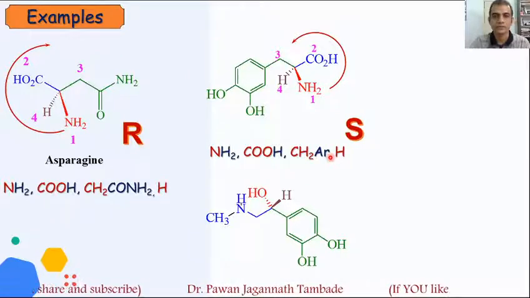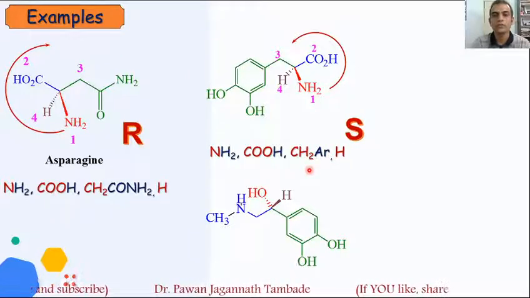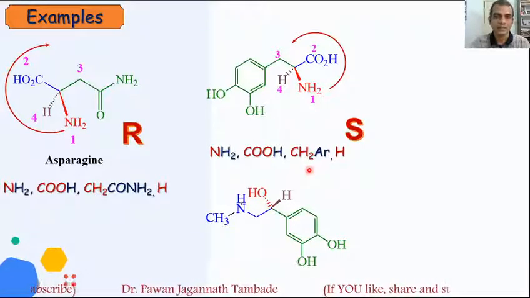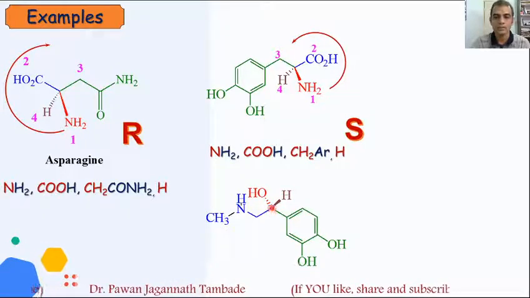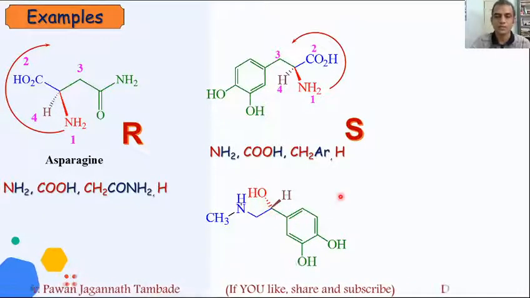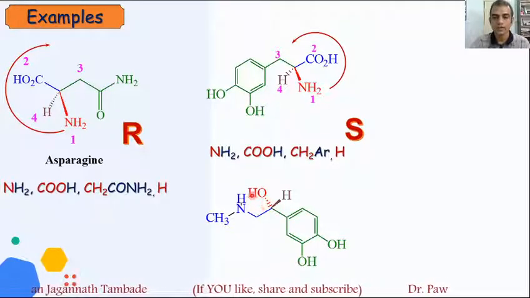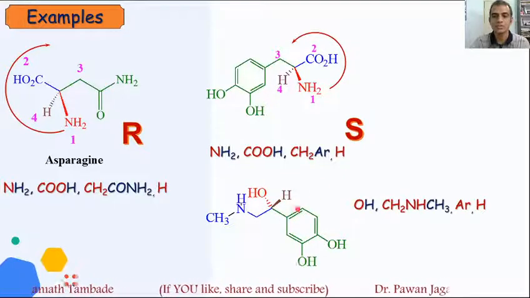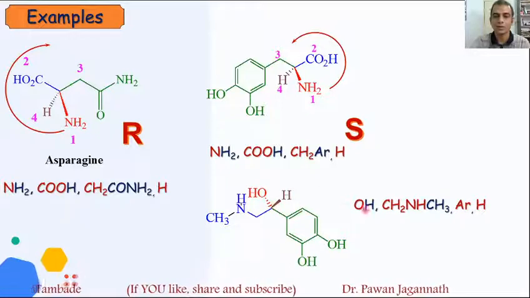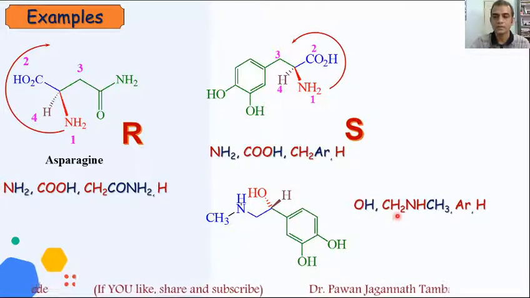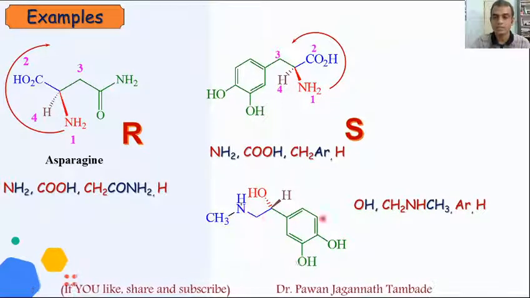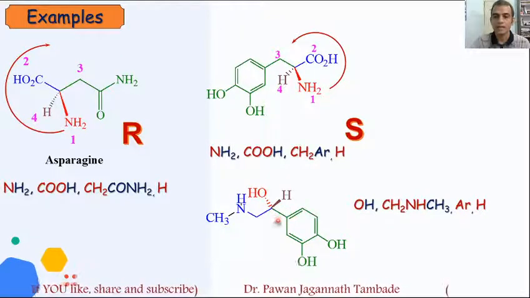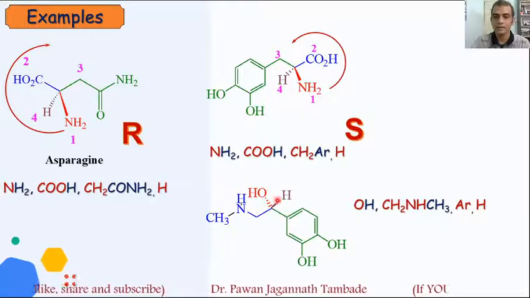Look at this structure. First of all, we need to find out the chiral center in this molecule. So this carbon is a stereo center which is attached to 4 different atoms or groups. The 4 different atoms or groups which are attached to this carbon atom are OH, then this CH2NHCH3, then this aromatic system, and hydrogen atom.